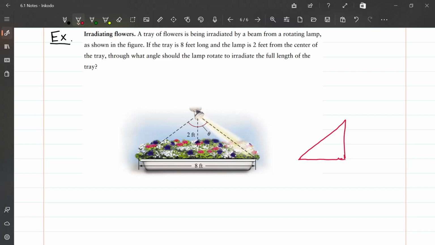That is not the best triangle I've ever drawn, but that's okay. It's a right triangle. All we have to do now is use what we know about this triangle, the big one we were given, to label the information correctly in our small one. Now we know the length of this upright side, this vertical, it's 2 feet.